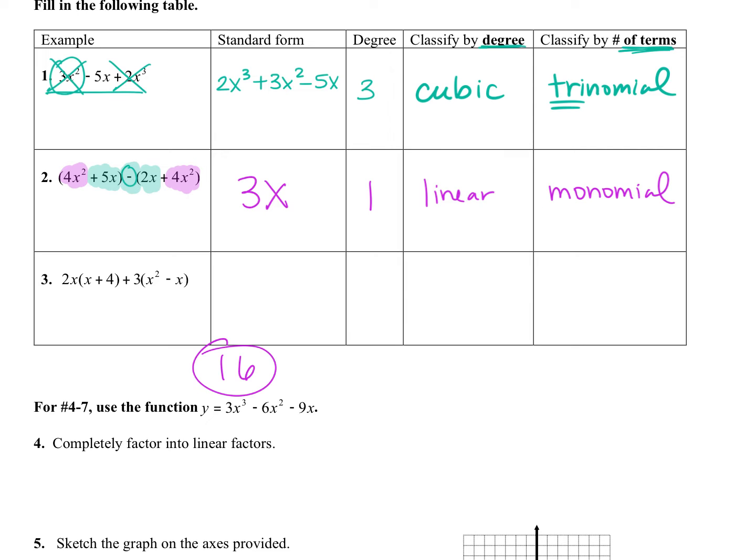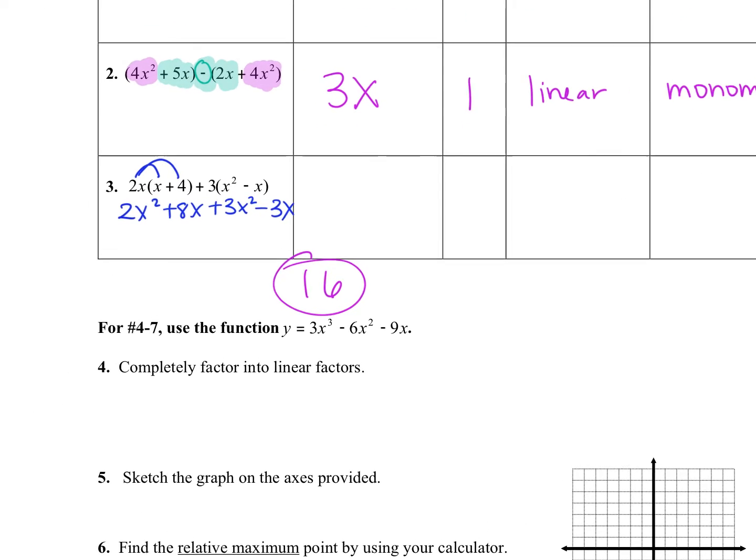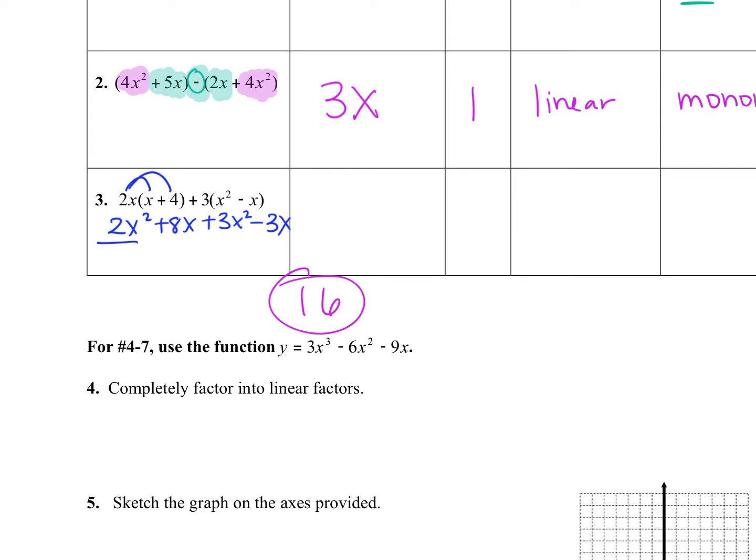All right, look at this next one. We have to do a little distributing. So 2x squared plus 8x plus 3x squared minus 3x, but we can still simplify from there. So 2x squared plus 3x squared is 5x squared. 8x minus 3x is a positive 5x. What's your degree?